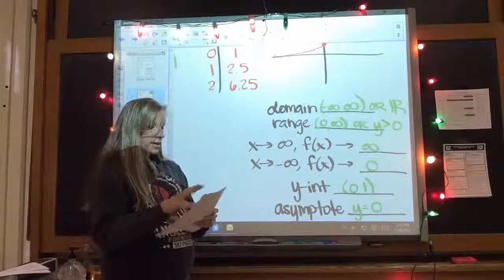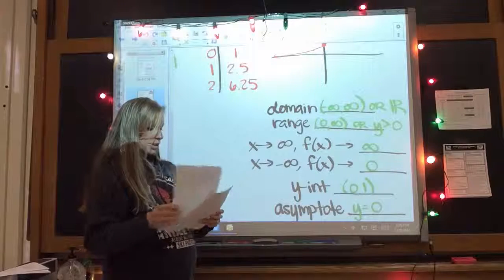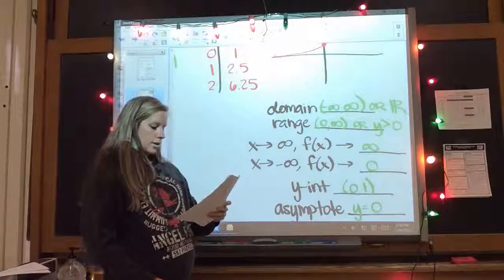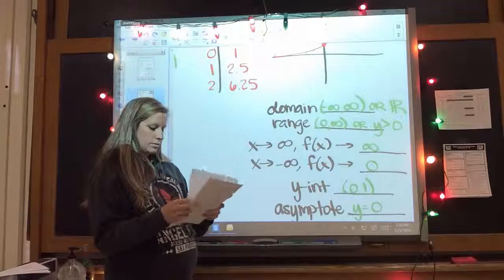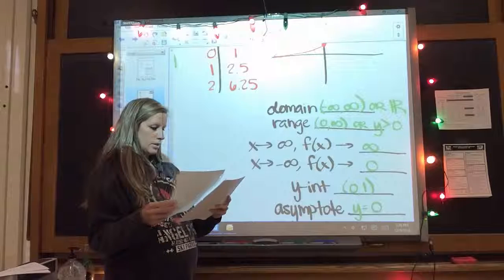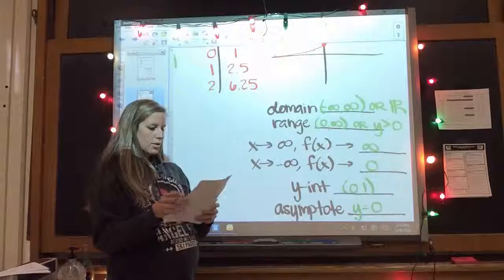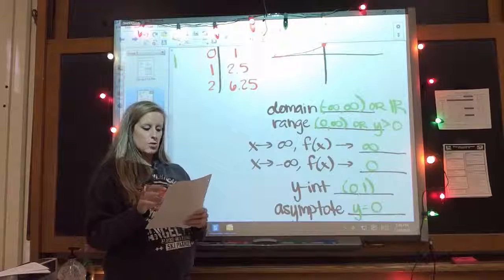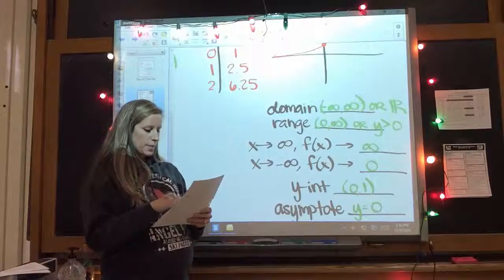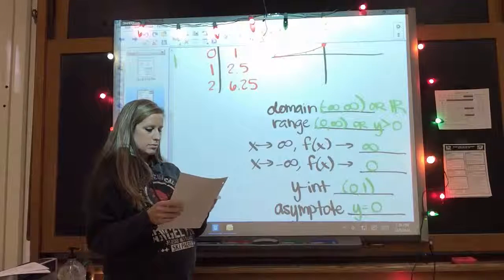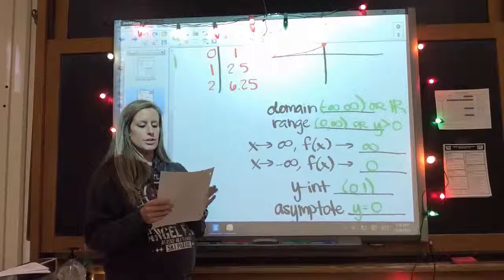All right, now look at your worksheet. I want to go over the top part where it has some notes on it, and then one of the first sections, equations.